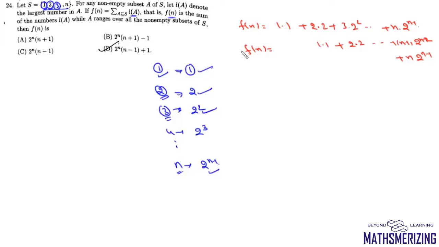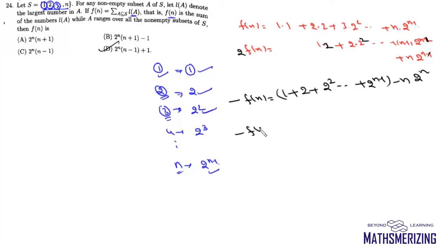So we'll multiply it with 2, we'll get 2, and then here will be 2 square, up to 2 to the power of n minus 1, and here it will be 2 to the power n. Now we'll subtract second from first, we'll get minus Fn, and here if we subtract, we'll get 1 plus 2 plus 2 square plus up to 2 to the power of n minus 1, and then minus n into 2 to the power of n. So it will be minus Fn.